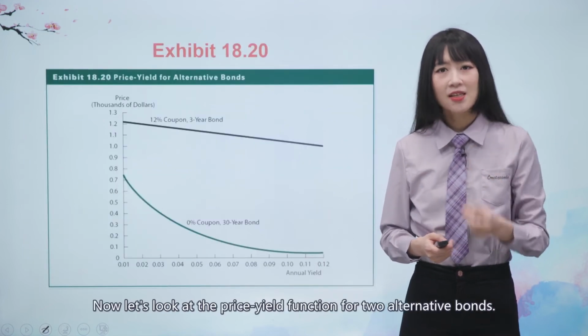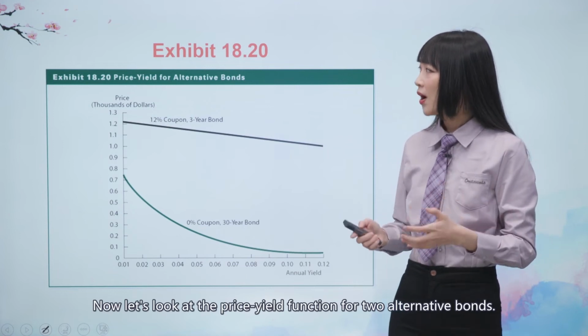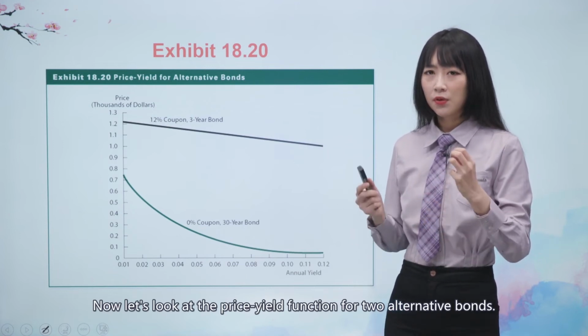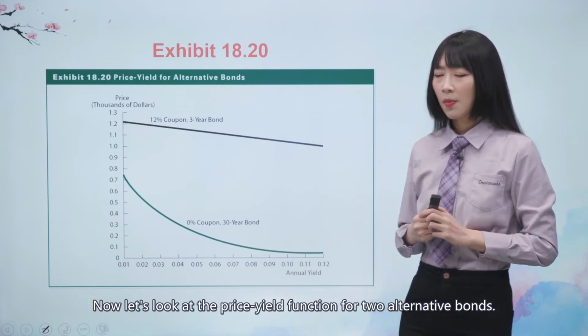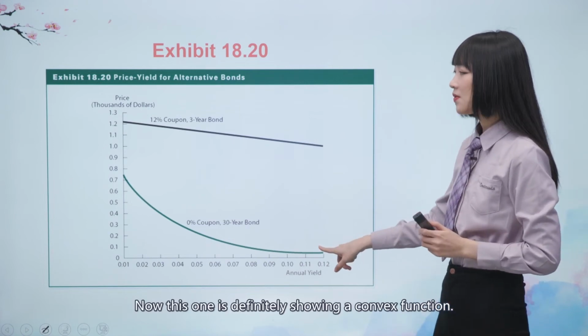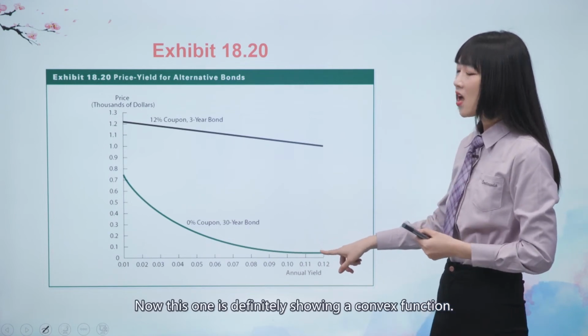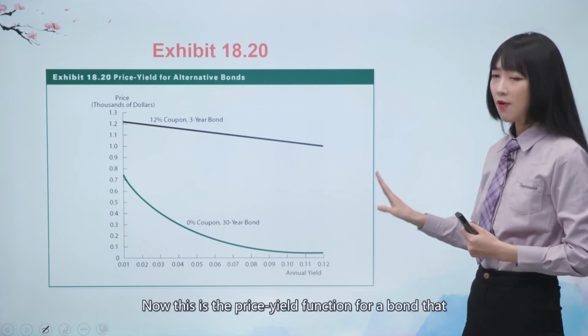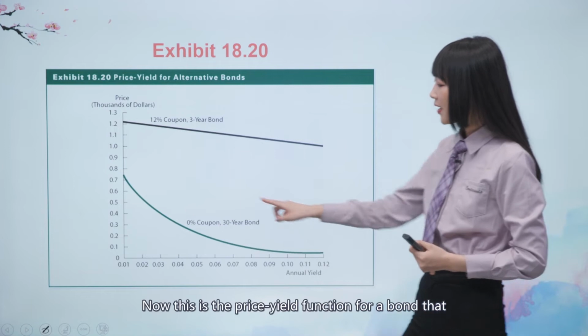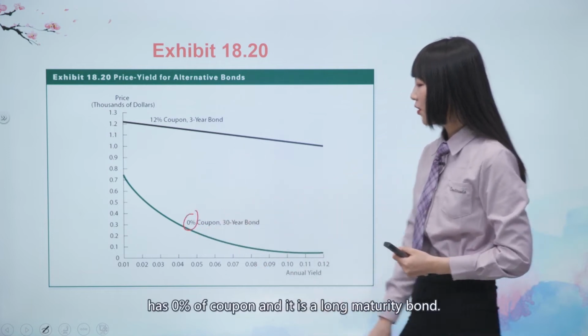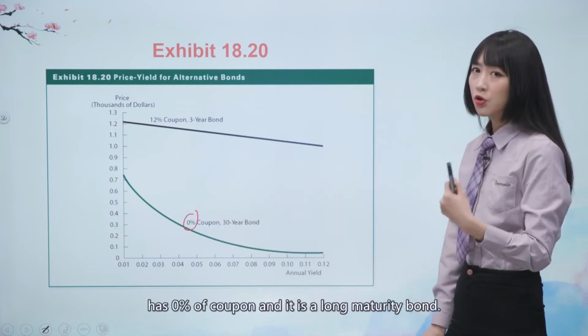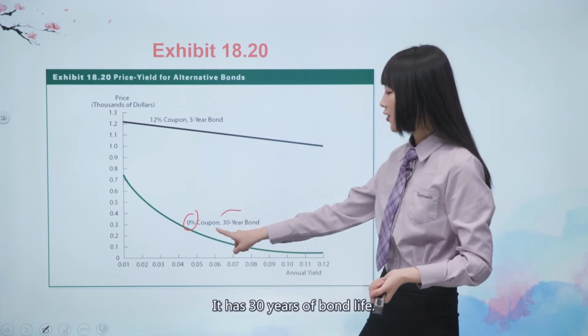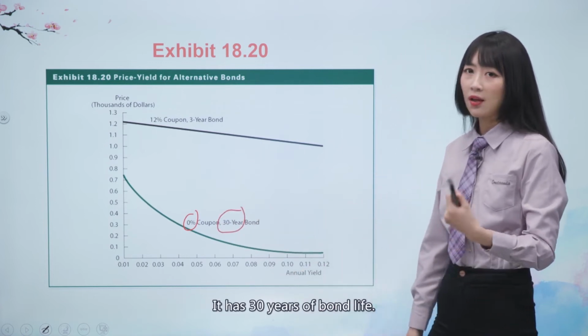Now, let's look at the price-yield function for two alternative bonds. This one is definitely showing a convex function. This is the price-yield function for a bond that has 0% coupon, and it is a long maturity bond. It has 30 years of bond life.